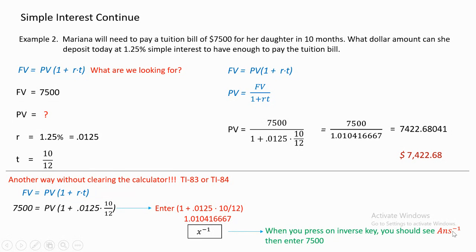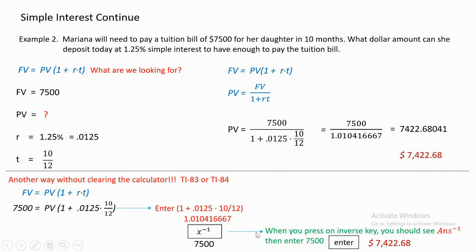When you press the inverse key, you should see that right there, which means the inverse of the answer that we got here, which is the 1.0104 and so forth. Then you enter 7,500, and that's your result. Okay, so we get the same thing.